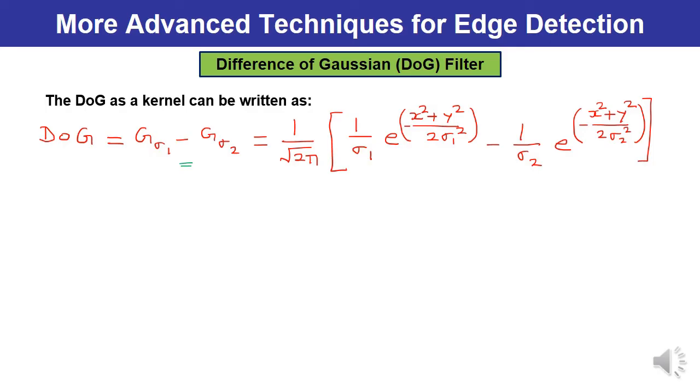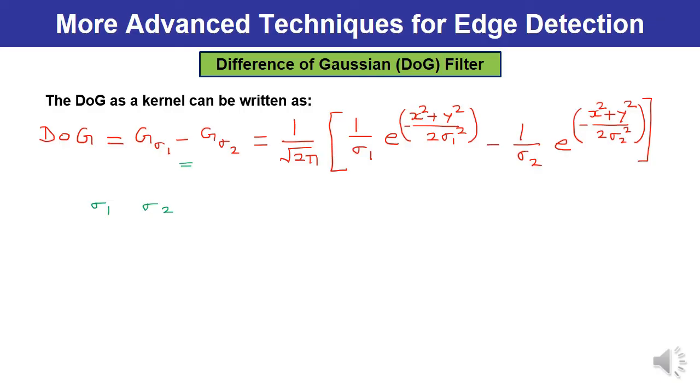This is nothing but 1 upon under root 2 pi, which was the normalization constant. But here the value of sigma is varying. Sigma 1 for the first case, sigma 2 for the second case, and the rest of the values are the same. It means the given image has to be convolved with a mask, and that mask is obtained by subtracting two Gaussian masks with two different values, one with sigma 1, the other with sigma 2.